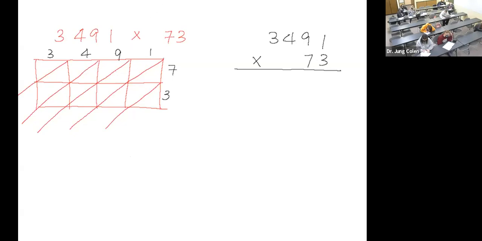Okay, so I want to go really, really fast here. 1 times 7, 7, so 0, 7. 7 times 9, 3, 3, 39, 27, 34, 33, 9.